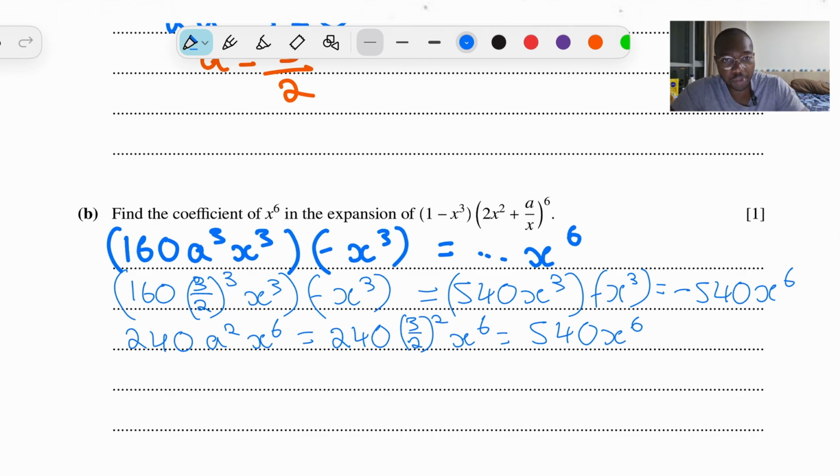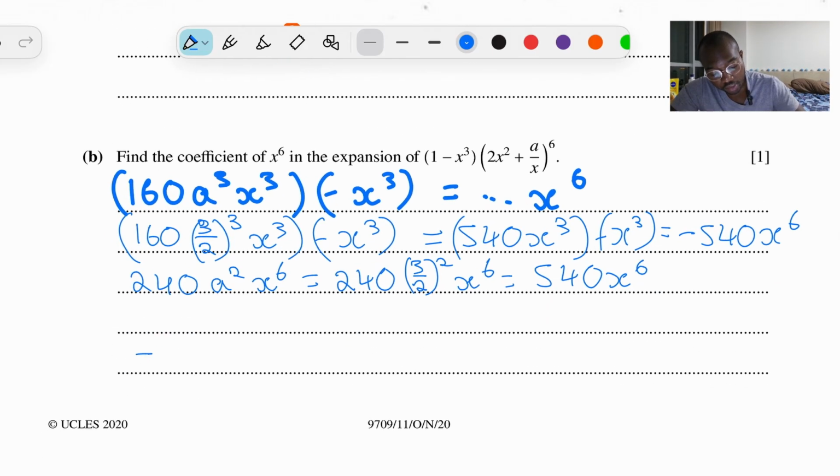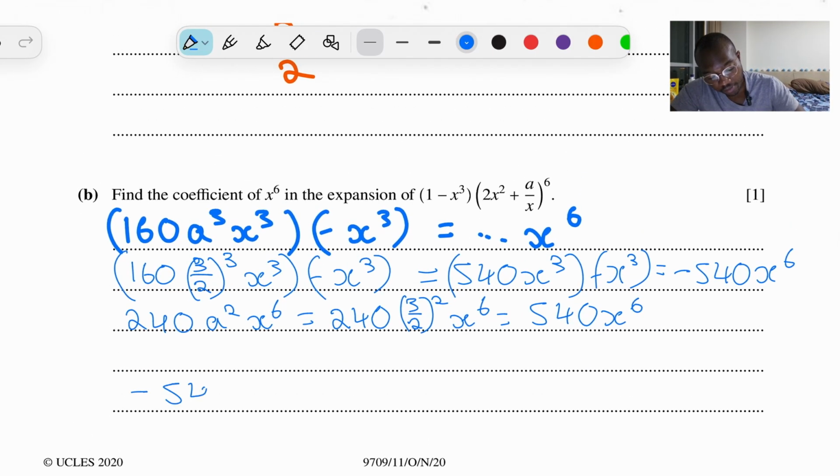And obviously we'd times that by 1, so it just stays as 540x to the 6. Then it's a weird one, because we would now add them up together and we get minus 540x to the 6 plus 540x to the 6. And that just gives us the grand total of 0. So the coefficient is just 0.